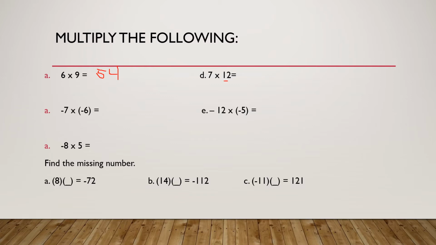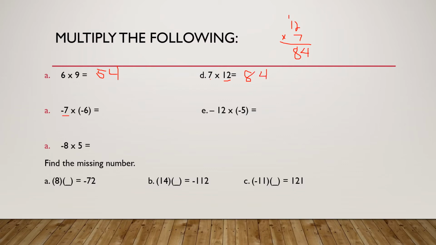If you don't know how to do it horizontally, you do it vertically. Most of the students do not know how to do this. 7 times 2, 14. Bring down 4, carry 1. 7 times 1, 7 plus 1, 8. So the answer is 84. Okay, that's the product, 84.